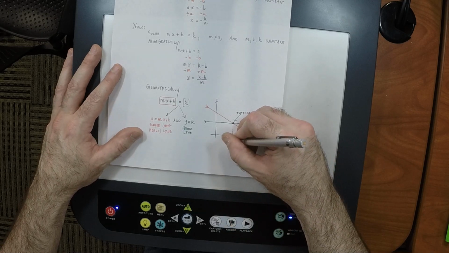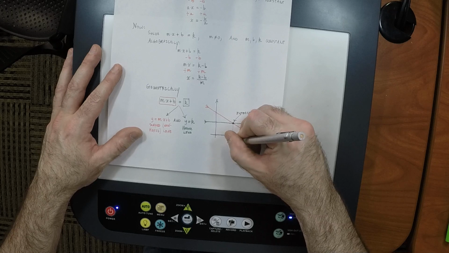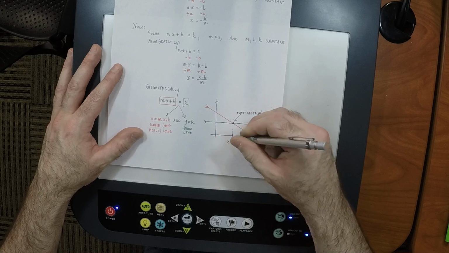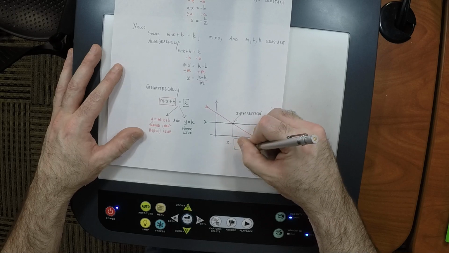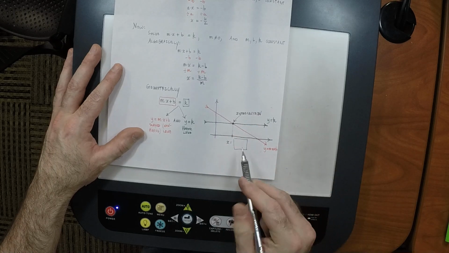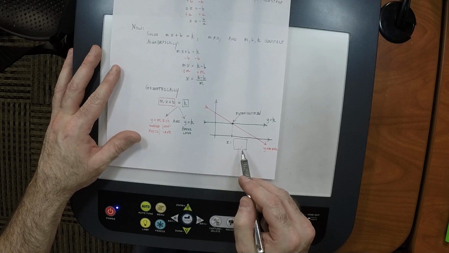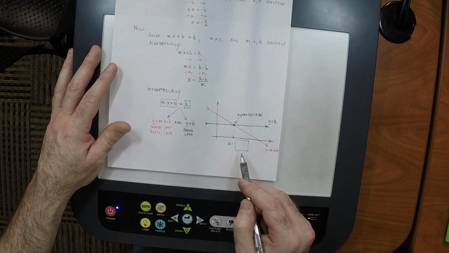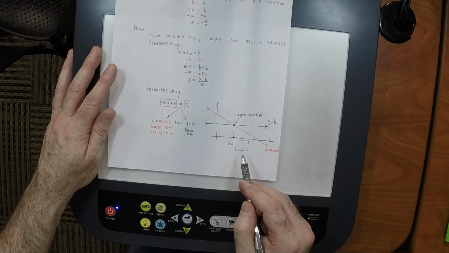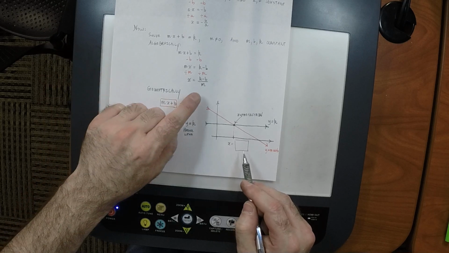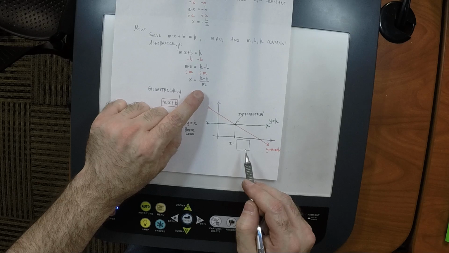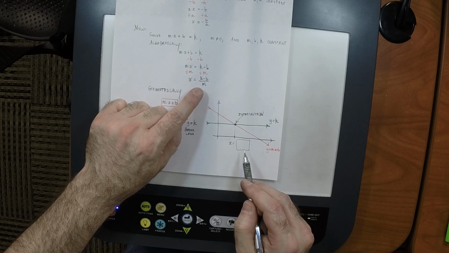So what I'm saying is I want to be able to say that x is equal to, and then I want to fill in this box. So what goes in the box? You already know the answer. It's literally written on the page. That's what goes in the box.